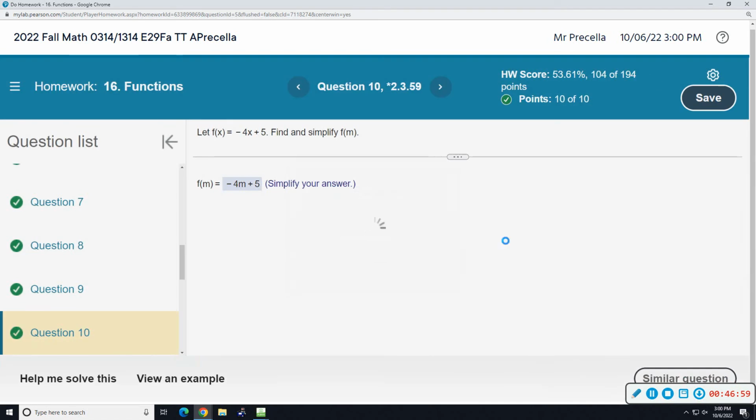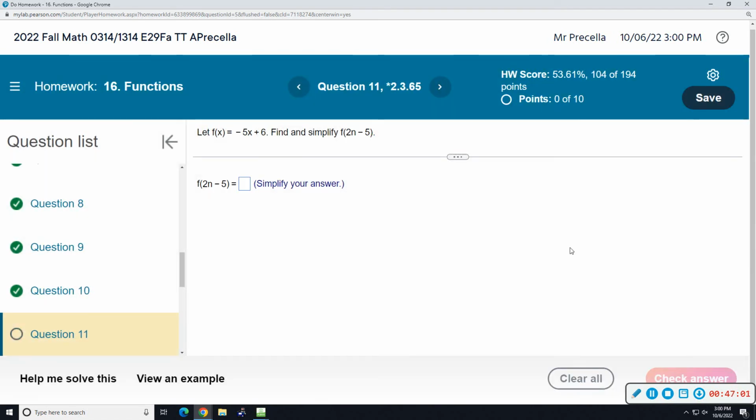Let's see. Number 11. Now that one I'm going to write down and do. Okay, number 11 says f of x is negative 5x plus 6.